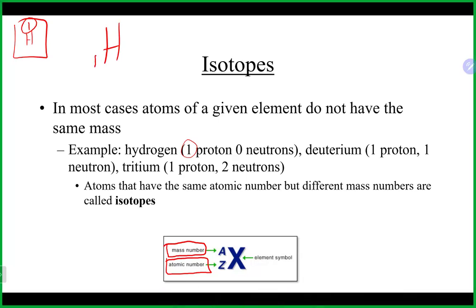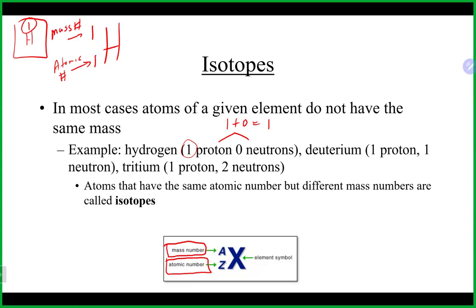Now we need the mass number. Remember, the mass number is protons plus neutrons, which in this case is also 1. This is the symbol for hydrogen, where we have our mass number up on top and our atomic number on the bottom.